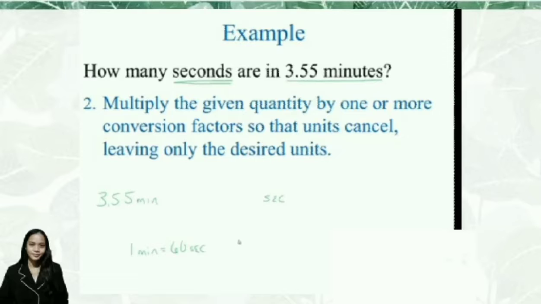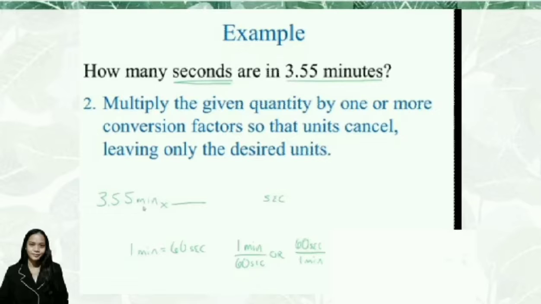That conversion can be written one of 2 ways as a ratio. I could write it 1 minute per 60 seconds, or 60 seconds per 1 minute. If I want minutes to cancel and leave me with seconds, which way will it be?